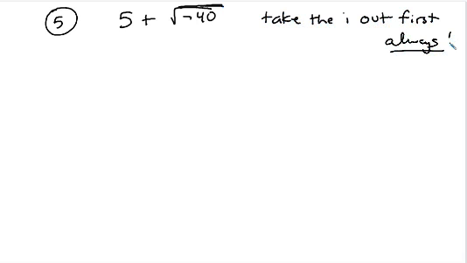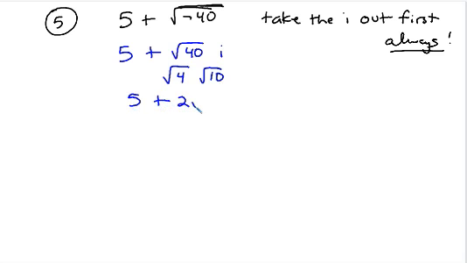So before you ever start simplifying this thing, we're going to make this 5 plus the square root of 40 i. Because we know that i is the square root of negative 1. And then we can simplify our radical. We can make this the square root of 4 times the square root of 10 using your root sheet like we did earlier in the year. And that would be 5 plus 2 square roots of 10 i.